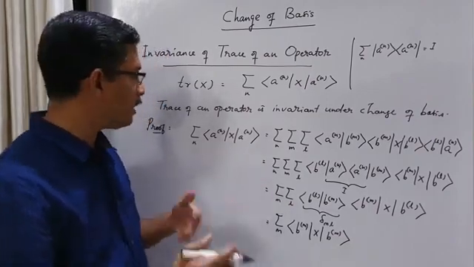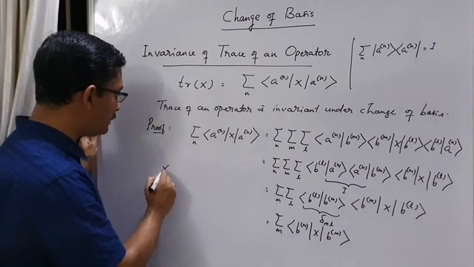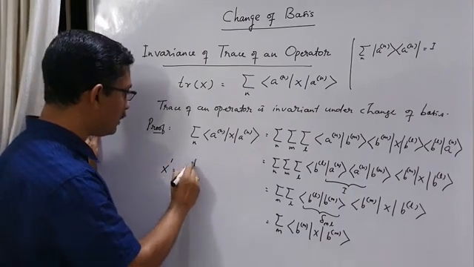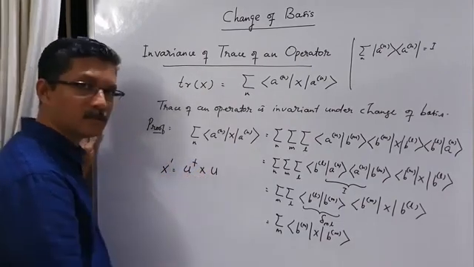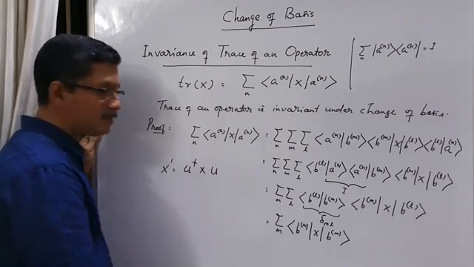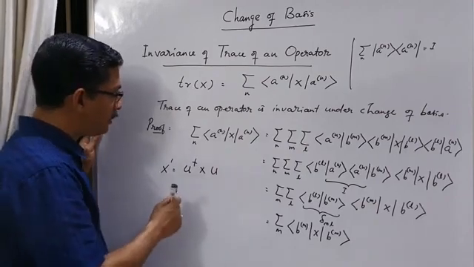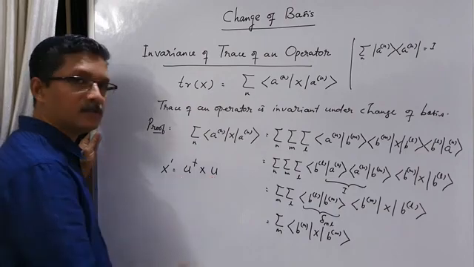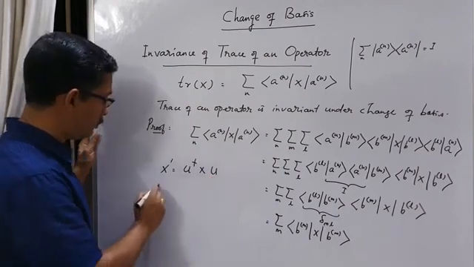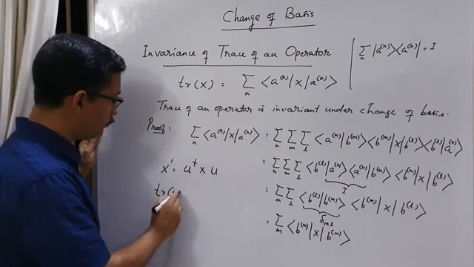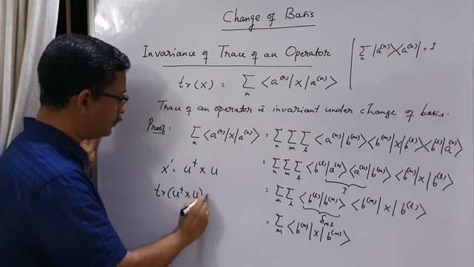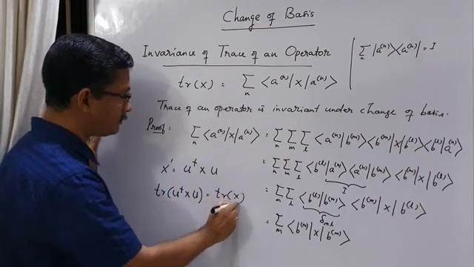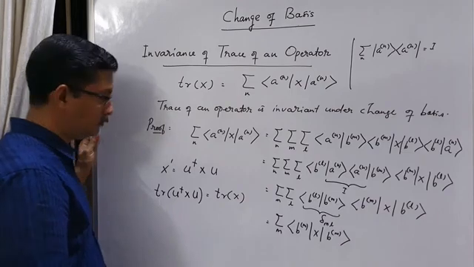We know that under change of basis, an operator changes like this: x prime is equal to u dagger xu. This is a similarity transformation or a unitary transformation, and you can show that trace is invariant under unitary transformation. That means you can show that the trace of u dagger xu is the same as the trace of x. This we can prove.